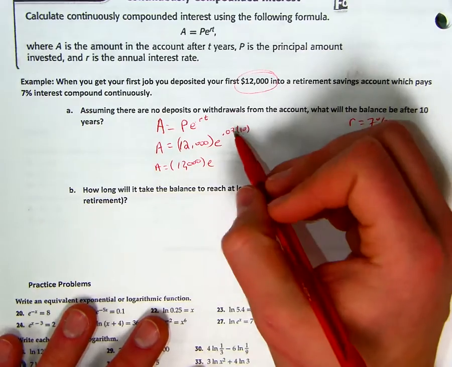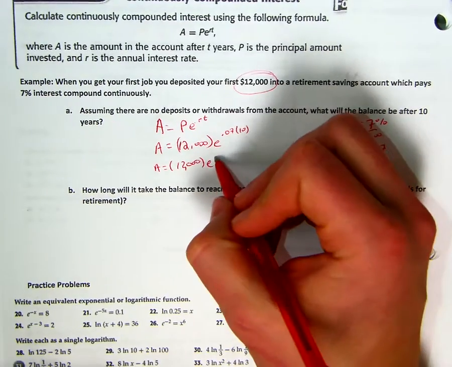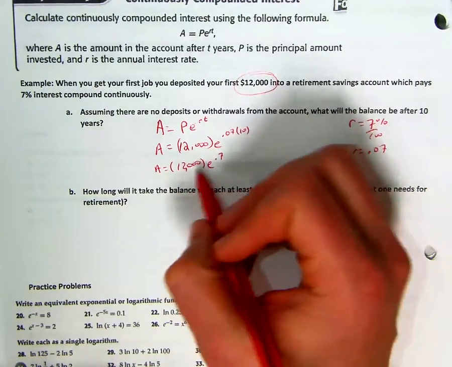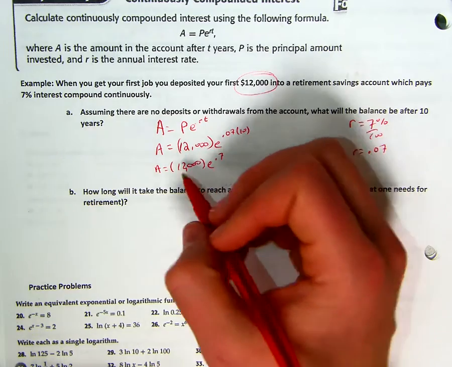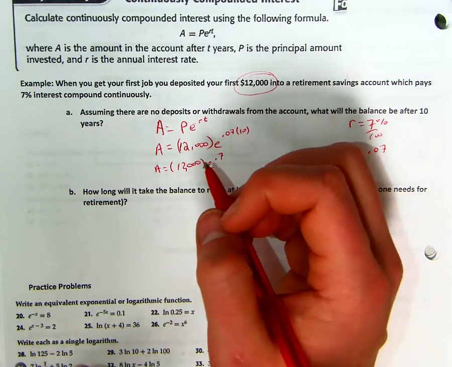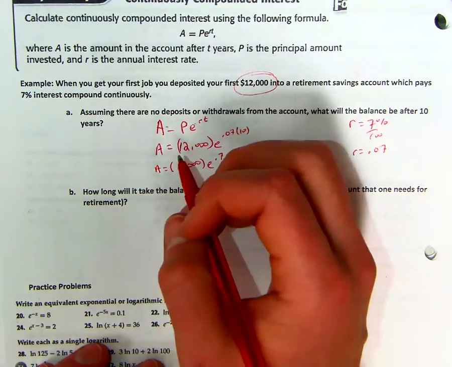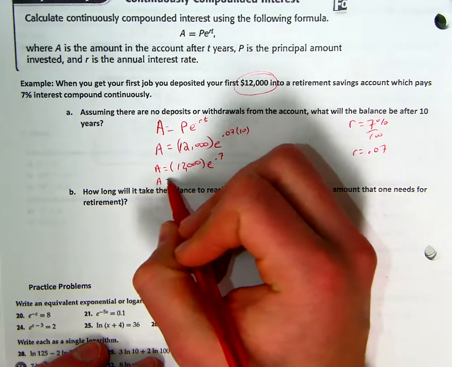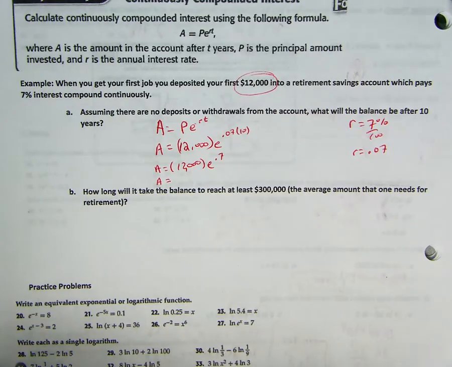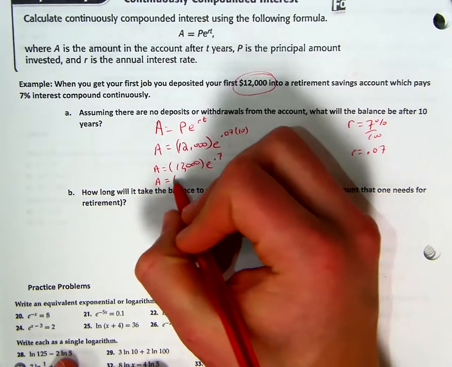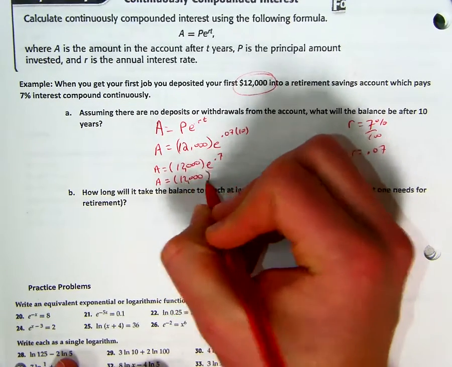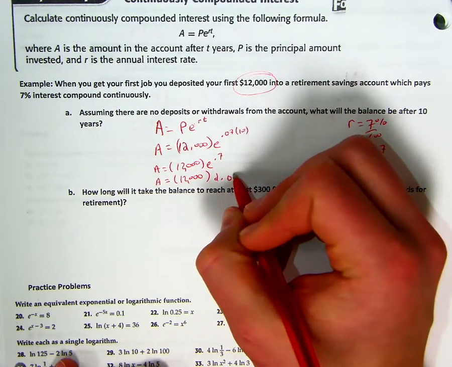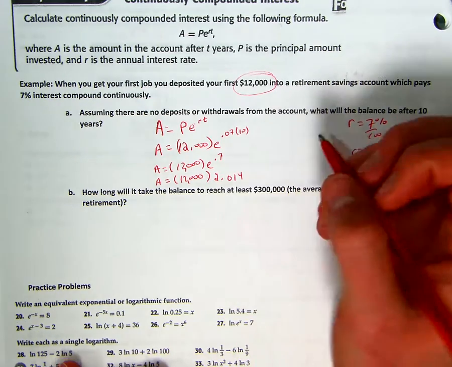All right, so our next step, I have 12,000 here, e to the 10 times 0.07 is just 0.7. And then you're going to do the exponent here. So you have A equals 12,000 times e to the 0.7, and e to the 0.7 is roughly 2.014.